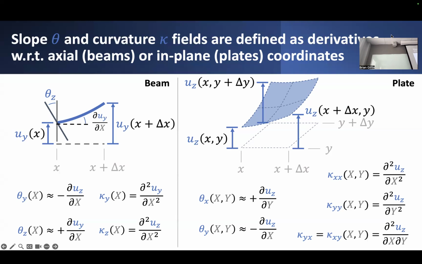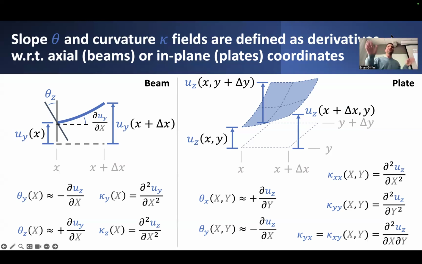But I can also take a mixed partial derivative, both with respect to x and y. And I'll call this mixed term the kappa xy or kappa yx term. It's a description of the interaction between bending that might happen of this plate relative to changes in x and relative changes in y.